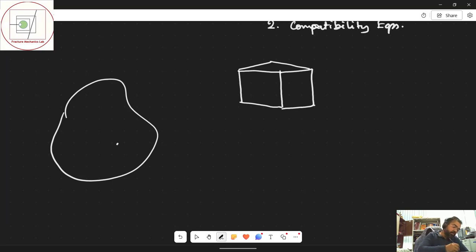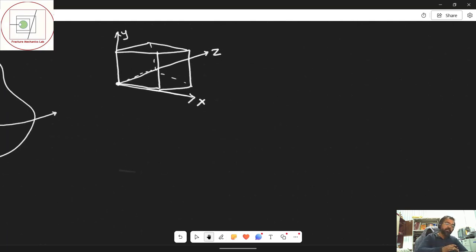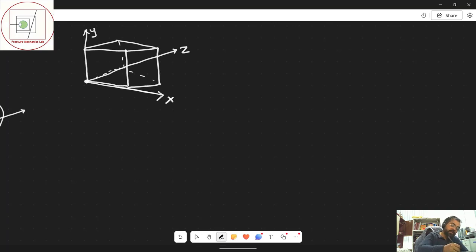So let us take one point, and if I exaggerate it in my view so that it looks like this cuboid, I will describe the things which are happening on the cuboid. Let us say that this is the origin, this is the x direction, this is the y direction, and that is the z direction. Now let me look at this cuboid in two dimensions in the xy plane.